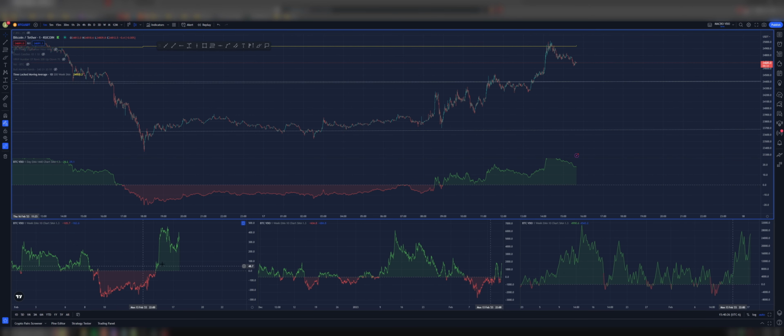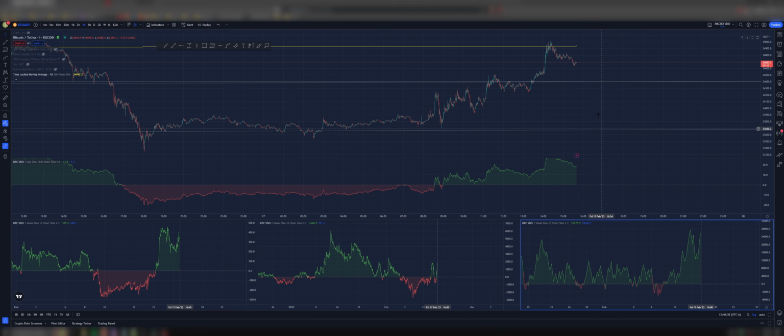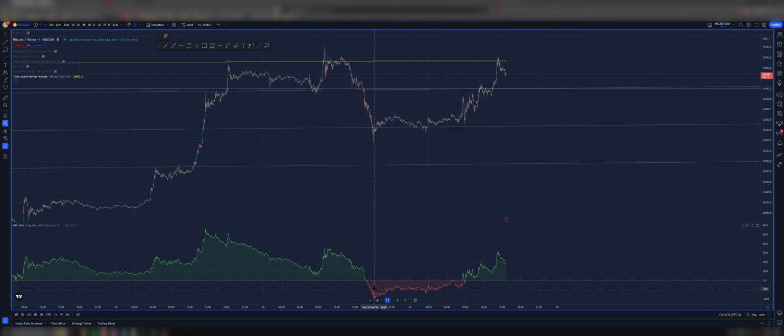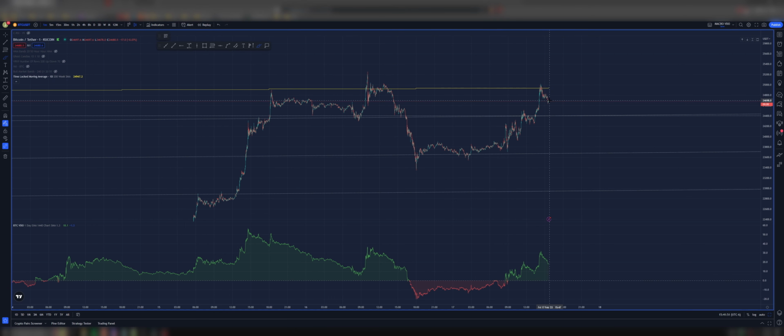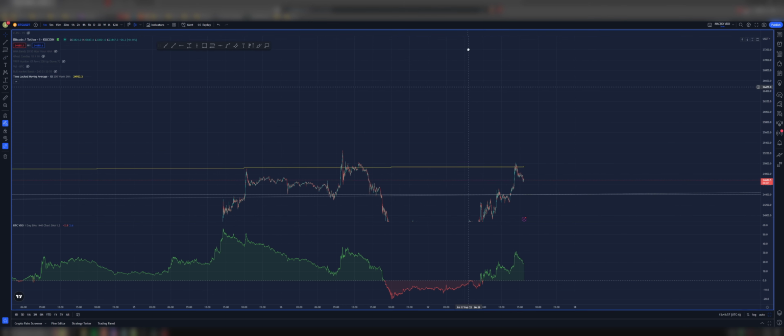Not only that, but the VDO across all different time frames is green, okay? So the VDO is trending up, and we're getting positive buy volume that is sustained above the neutral zone. So I think it's only a matter of time before we break this 200-day, 200-week moving average, and then I think we see a move to 30K.